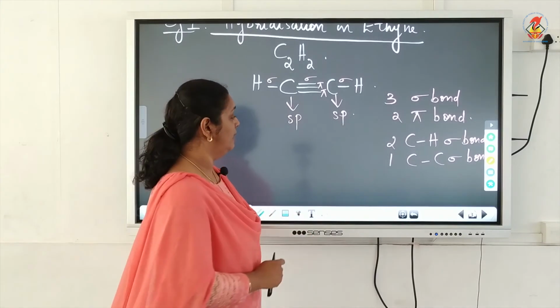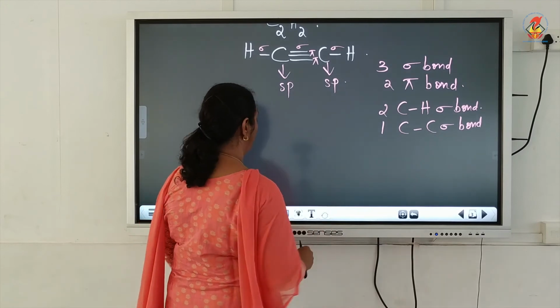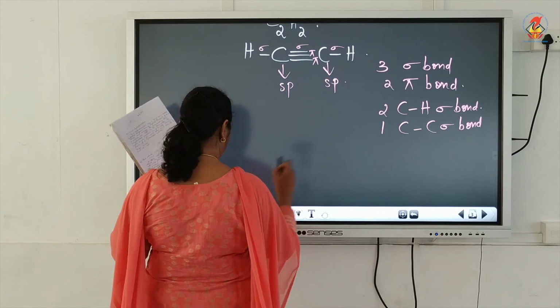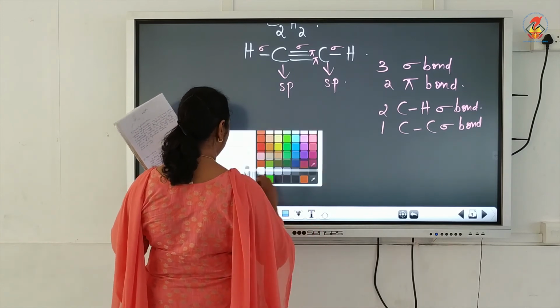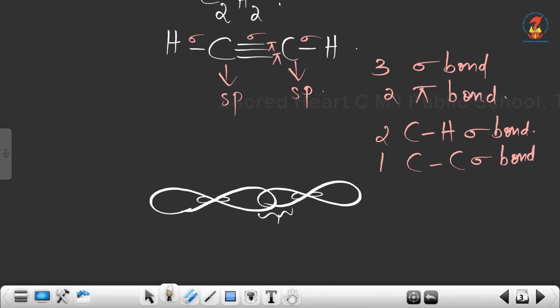Okay, so let us draw the shape of this ethine molecule on the basis of hybridization, or let's show the hybridization in ethine molecule. We know that the shape is linear. This is the sp hybrid orbital of one carbon atom. Now this is the sp hybrid orbital of second carbon atom, and you can see here we have the overlapping, that is sigma bond between CC.